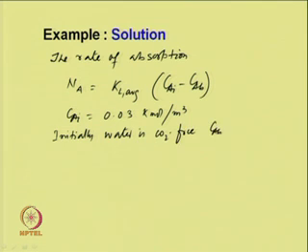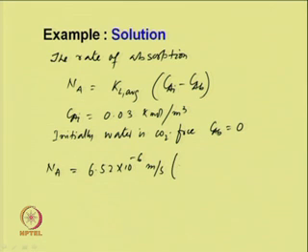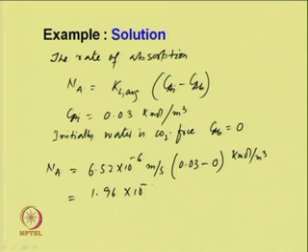So, C_AB is equal to 0. So, flux N_A would be mass transfer coefficient meter per second into C_AI 0.03 minus 0 kmole per meter cube is equal to 1.96 into 10 to the power minus 7 kmole per meter square second.